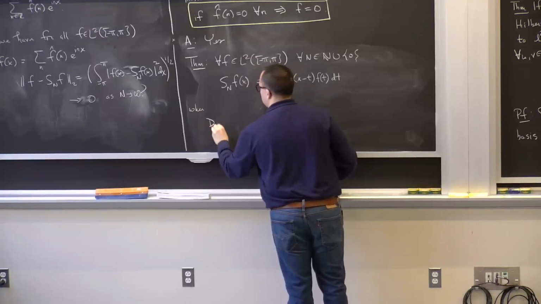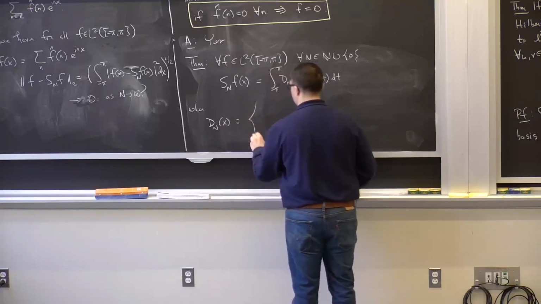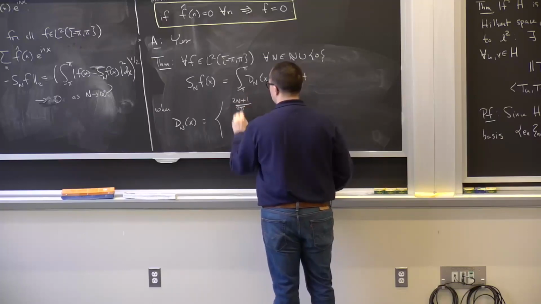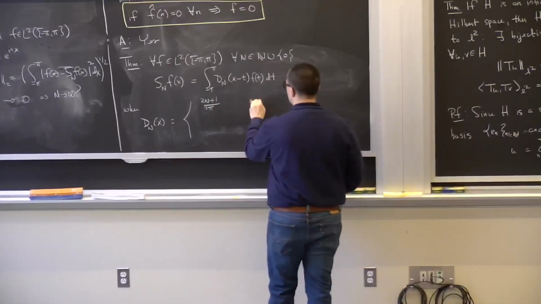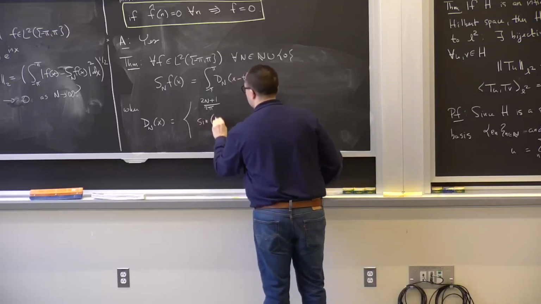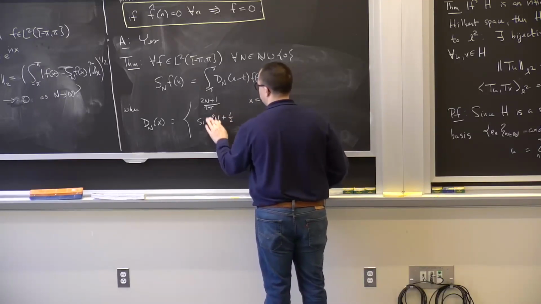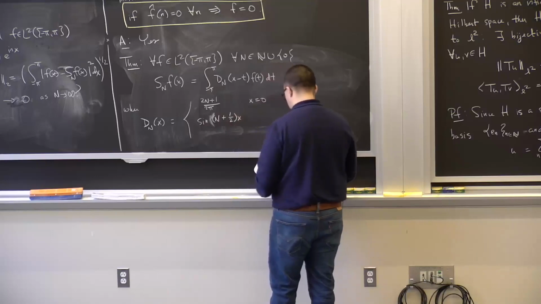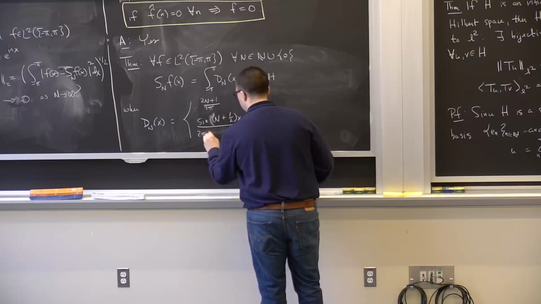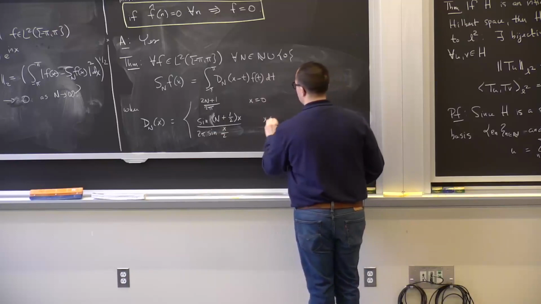where D_n of x is equal to the function which is (2n+1)/(2 pi) when x equals 0, and sin((n+1/2)x)/(2 pi sin(x/2)) when x does not equal 0.